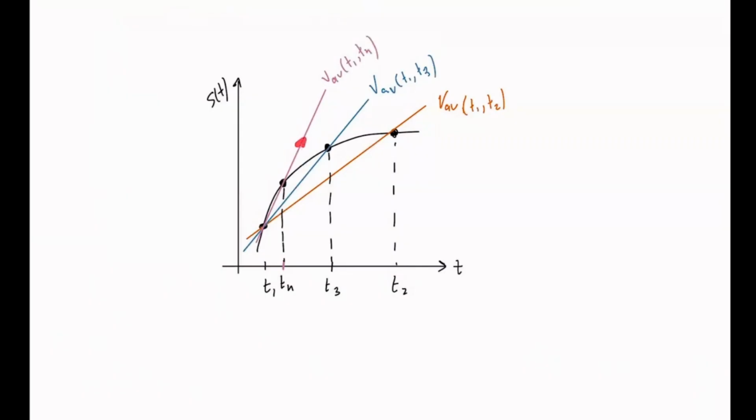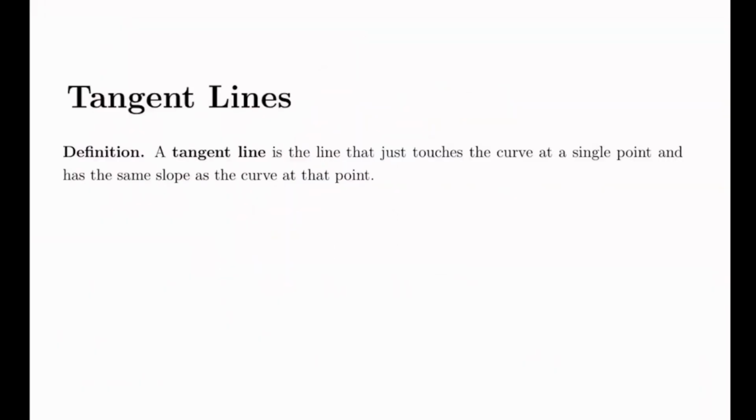As you can see, the slope of this secant line is getting bigger and bigger, right? As I move closer and closer to T1, it's going to be steeper and steeper, so that as we move closer, we are essentially reaching this line that is just touching our curve. So this is where we get to the instantaneous velocity.